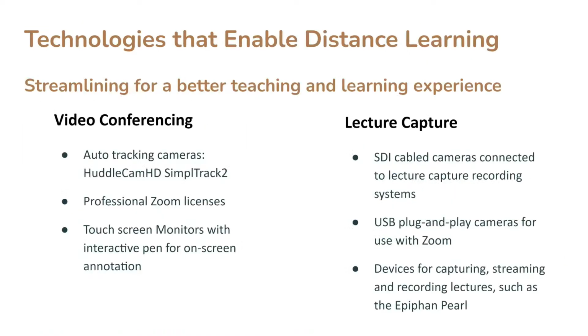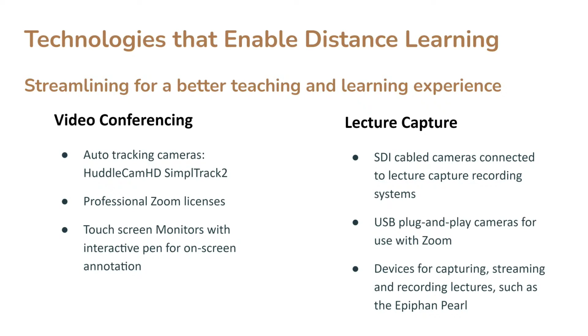So some of the technologies that are becoming popular in classrooms are auto tracking cameras, because they allow the teacher to not have to worry about where the camera's pointing. It just follows them anywhere they are at with the whiteboard or the blackboard.